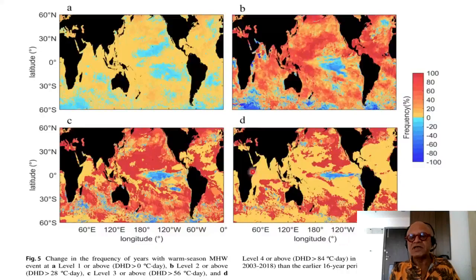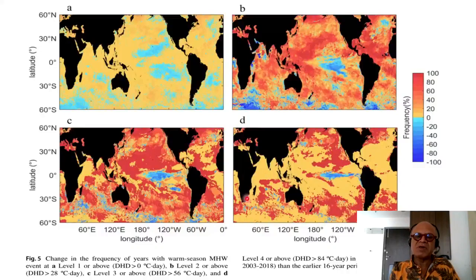Okay, so you can see that here there is a negative trend here, frequency decrease here in all of these measures, but West Pacific warm pool stands out in all of them, but not so strongly here at the seasonal total.